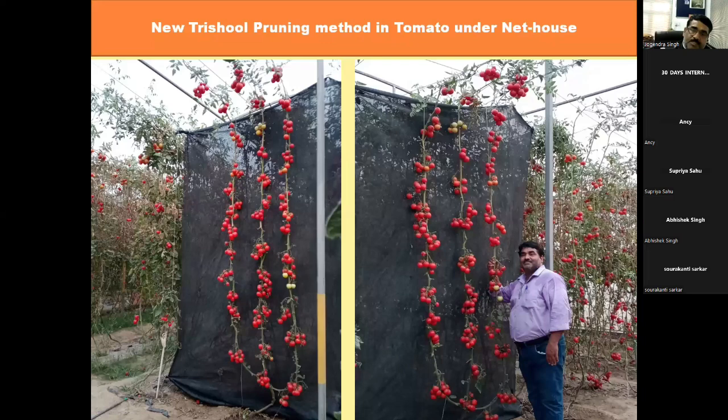Fertigation is also given at low, medium, and high levels, 100 ppm, 150 ppm, and 200 ppm, continuously, according to sequencing and crop scheduling.